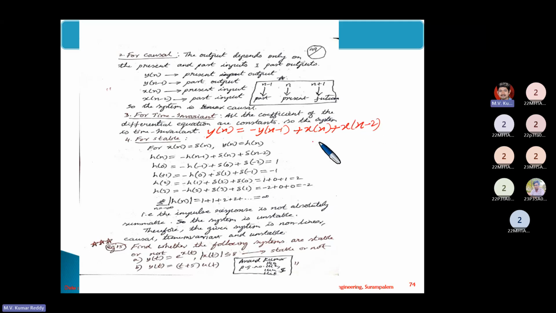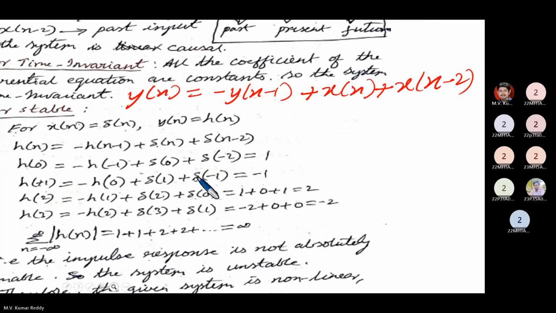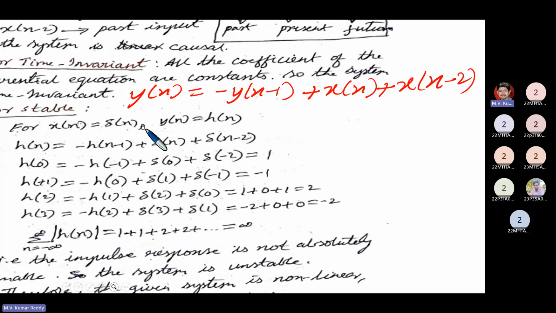Okay, this is the given question. Okay, next in this question, now we are placing x of n is equal to delta of n. Delta of n is the input, that is impulse function.